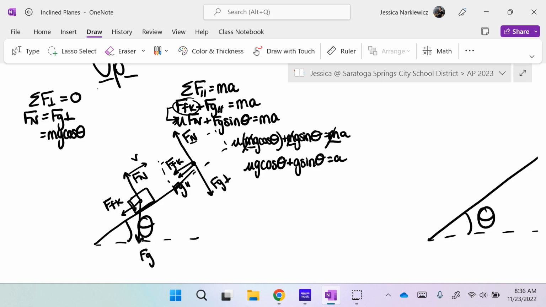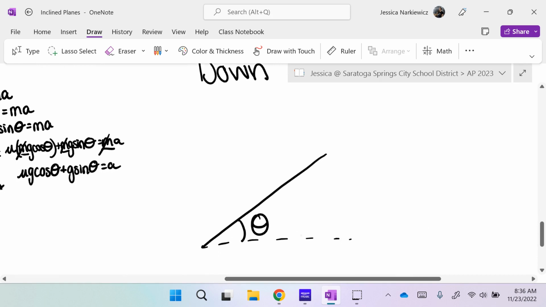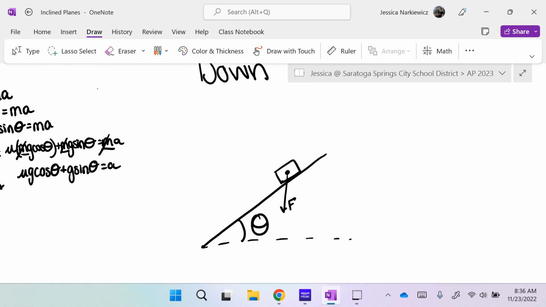Okay. Now, what if we are going down the incline? What if we just let this thing go from rest? Well, if we're going down the incline, we of course have a force of gravity straight down, normal force coming off the incline, and since I'm moving down the incline, I have a force of friction up the incline. Perpendicular direction looks just like it has in prior questions.